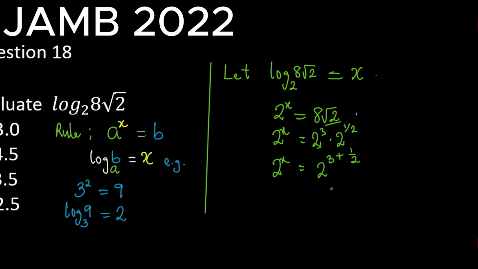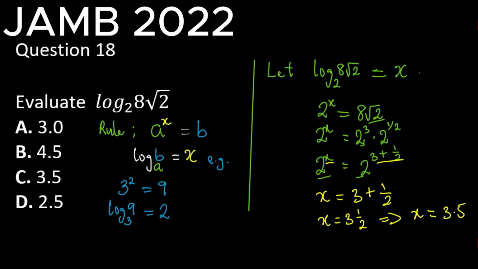The bases are the same on both sides, so the powers must also be the same. So x is equal to 3 plus half, which gives us 3 and a half, that is 3.5. Okay, this is option C.